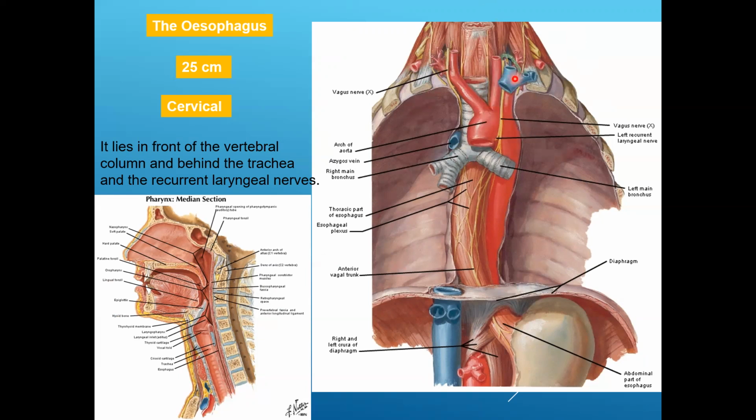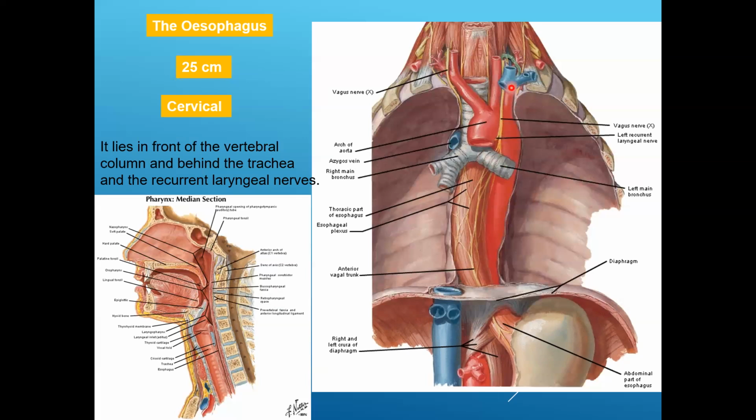As they descend towards the abdomen, they remember, oops, we have to supply the larynx. They send back a recurrent branch, that's why it's called recurrent. It goes back, the recurrent laryngeal nerve, and as the name implies, it supplies the larynx.